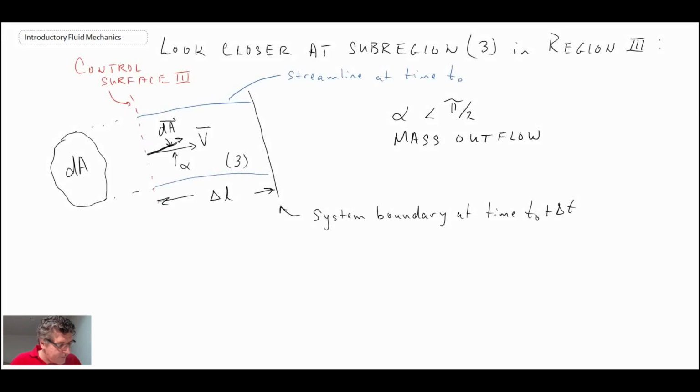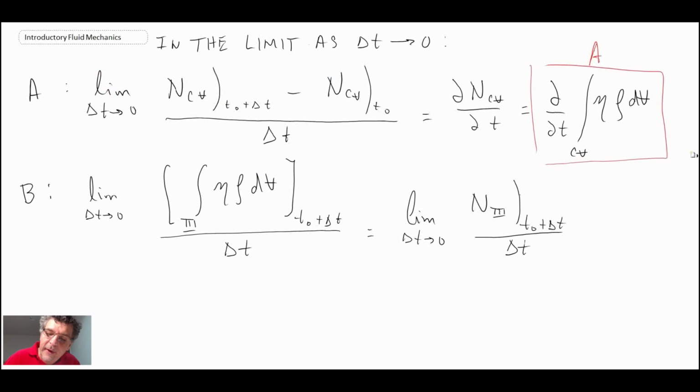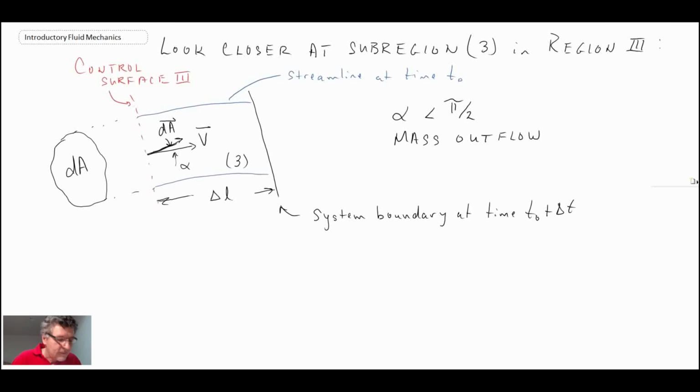Now what we're after is we're trying to determine, let's go back here, we're after this. So we want to know the time rate of change of the extensive property in region 3. So this is a differential element out of region 3. So what I can write is the differential element at time t0 plus delta t.